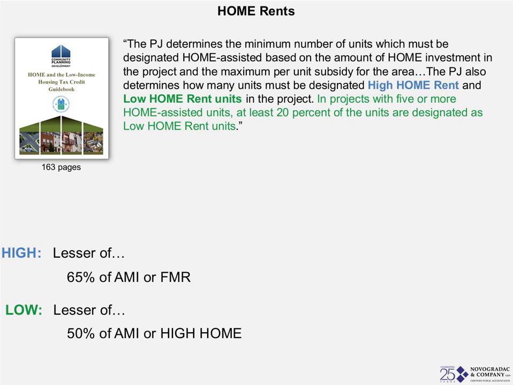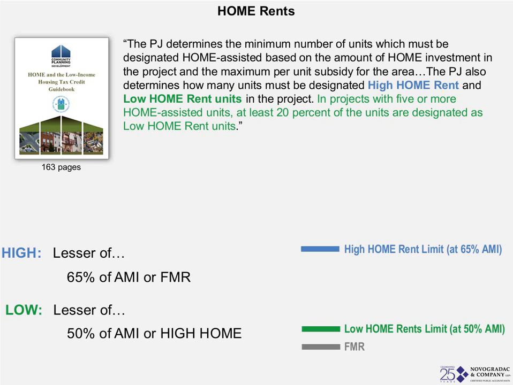And so here's the example. We've got our 60% and our 50% AMI. If FMR is down here, then both of them, that's the lower of the two, and that's how you would get your Low, also High HOME, because they're both defaulting to FMR. FMR is meant to be a ceiling of something that you couldn't charge more than if you have these HOME rents.